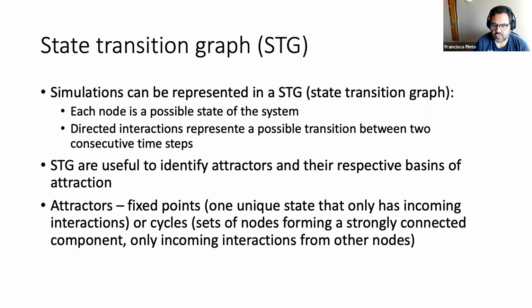And the state transition graphs are graphs, so you can find communities with them, you can find shortest paths, you can find components. And one thing that is useful to find in state transition graphs is the attractors of the system and the respective basins of attraction. This state transition graph is equivalent to the phase space in the differential equation.